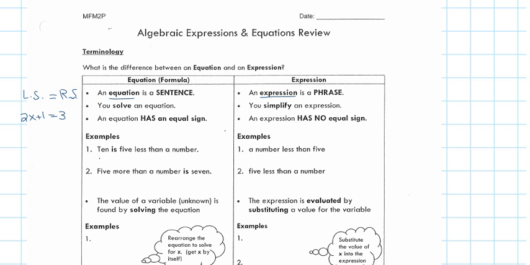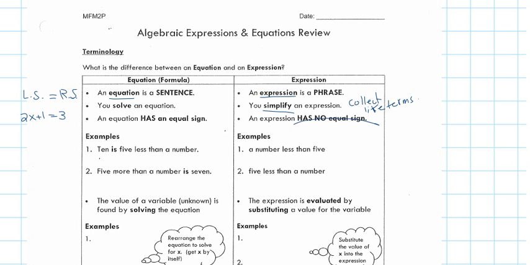With the expression, it's like a phrase. You can't solve an expression. You can just simplify. Simplify means you can collect like terms. That's it. We'll talk more about like terms later. An expression has no equal sign, so it only has one side.